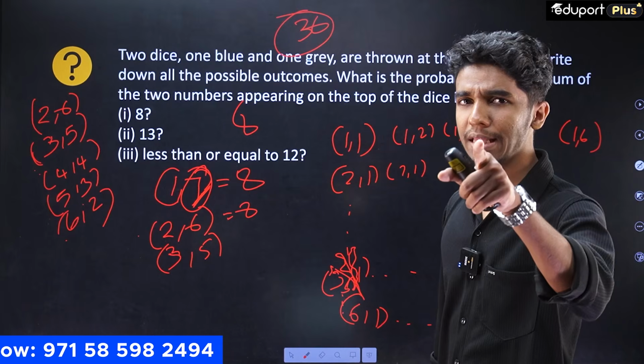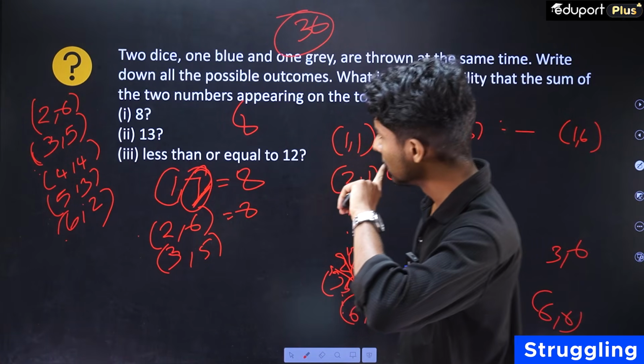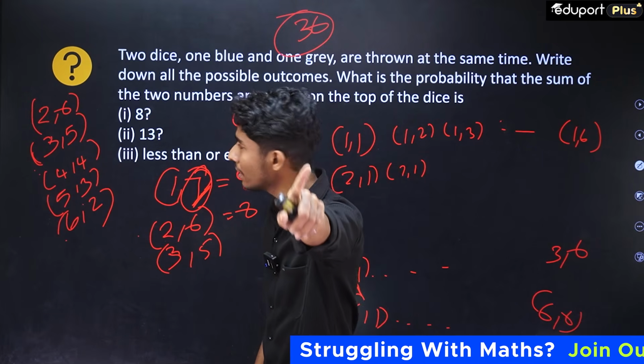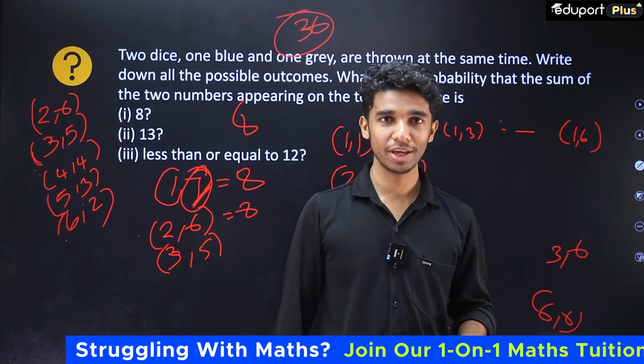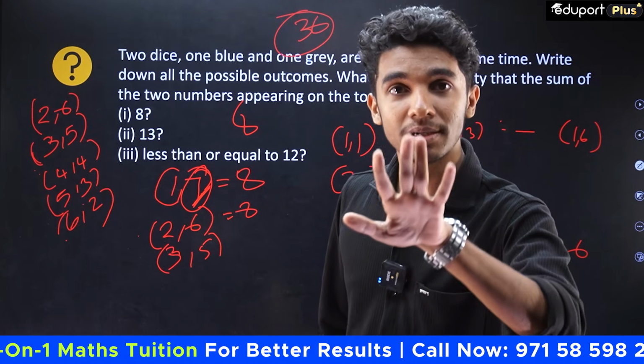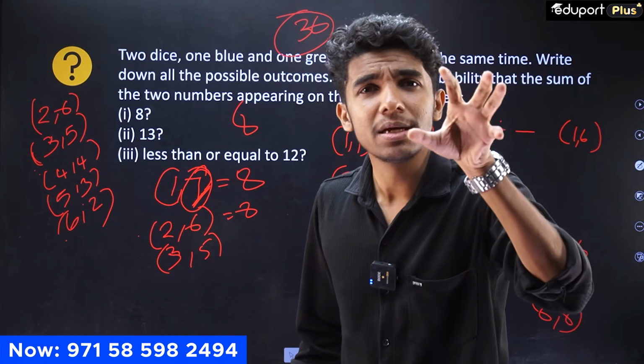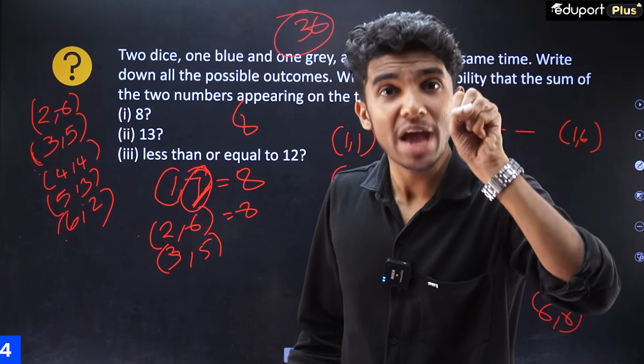Is there any number that we are missing? Yes, we almost got all the possible outcomes. So students, the problem here is only to find the number of favorable outcomes.